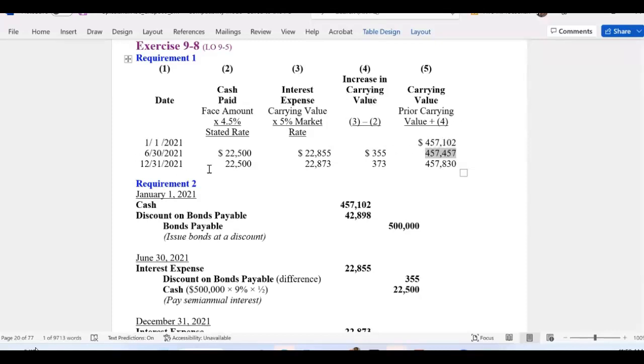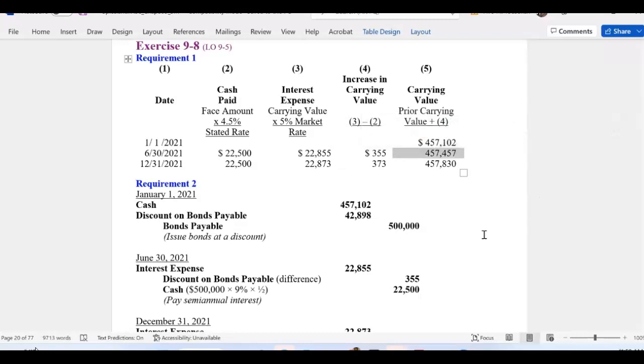Okay, in the second 6 months, the payment is again always based on the stated rate of 9% divided by 2 times 500,000, which is 22,500. But what is the interest expense? Interest expense is the market interest rate, which is 10% divided by 2, times the carrying value.